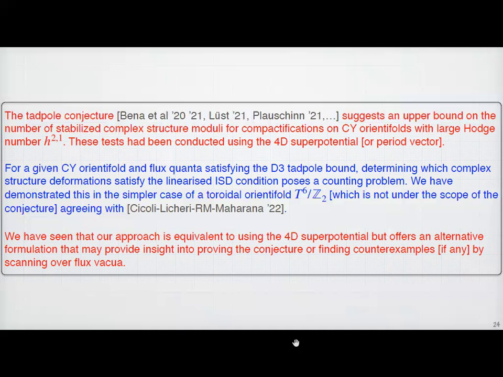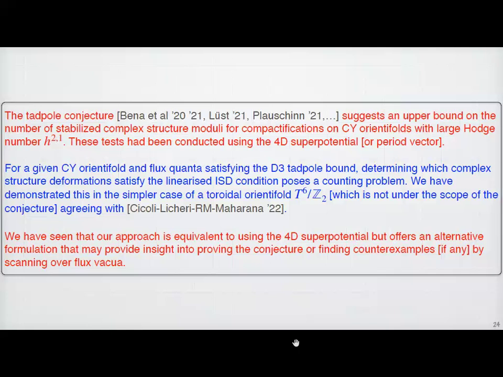For example, given a Calabi-Yau identifier and flux quanta satisfying some conditions like the Kähler bound, determining which complex structure deformations satisfy our linearized condition poses a counting problem. We have demonstrated this in the conifold example in the recent version of the paper, and it agrees with our old work, but that work was based on the superpotential.